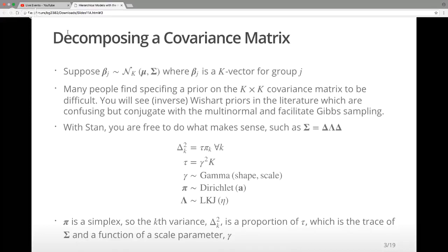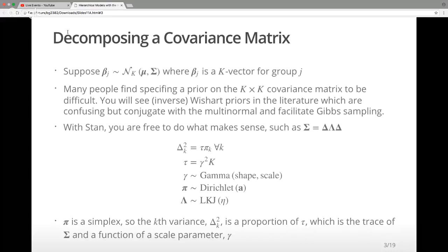There's not going to be a whole lot of objection if you're using A equal 1, and so you have uniform beliefs across simplex vectors of size k. That's a pretty reasonable prior. We have a pretty reasonable prior for gamma. We'll show in a second, we can have a pretty reasonable prior for lambda.